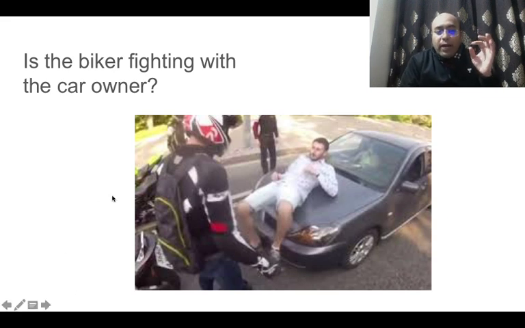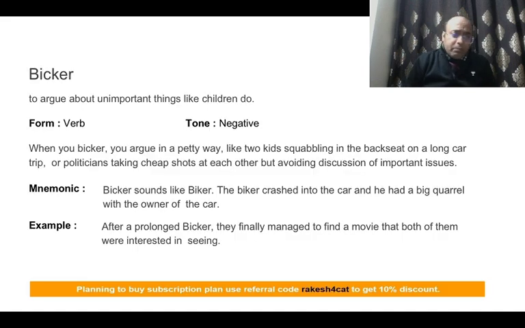What we are doing is that we are adding the alphabet C right after I. So that is bicker. So let's see. Bicker is to argue about unimportant things like children do. It is a verb. And it says here that when you bicker, you argue in a petty way, like two kids squabbling, right?